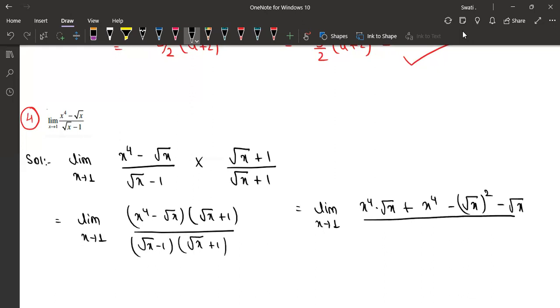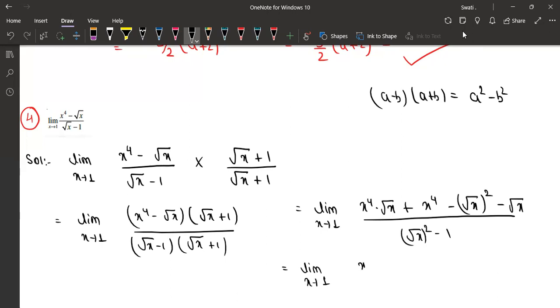Upon, in the denominator, of course, we can see a formula that is a minus b into a plus b. We all know the formula of a minus b into a plus b. We discussed it already, a square minus b square. So root x square minus 1 square, that is 1 only. Now, this will become limit x tends to 1.